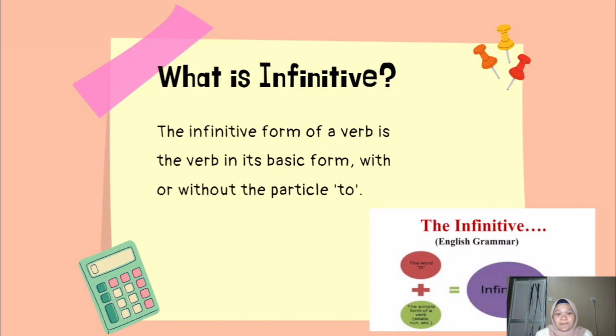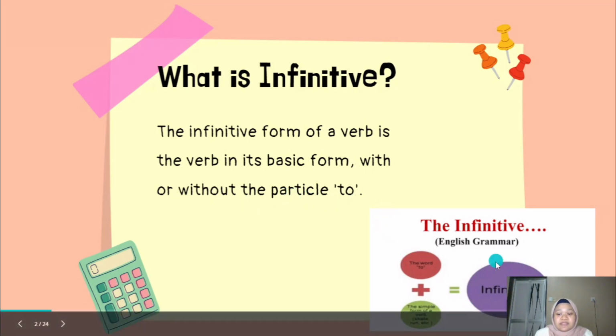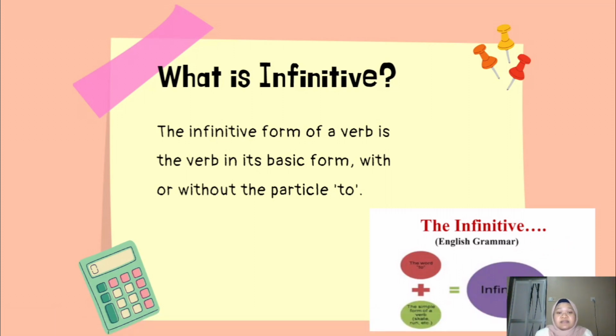So what does infinitive show? It is a form with or without the participle to. Take a look at the picture here. Infinitive equals the word to plus the simple form of a verb, as I have mentioned just now, for example to walk, to run, to swim.